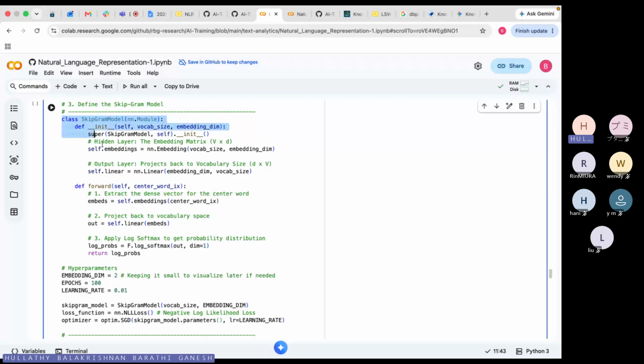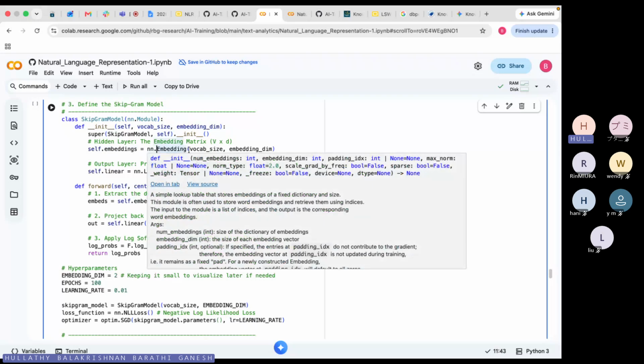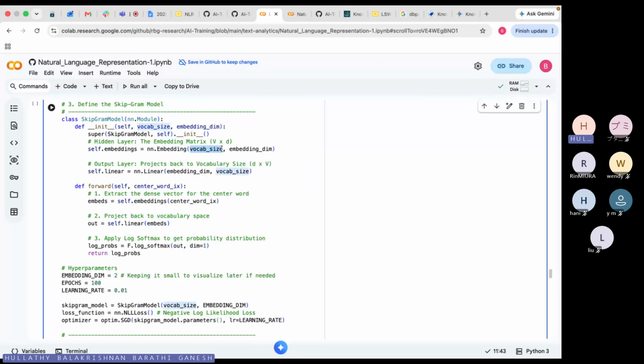Here I'm defining the skipgram model. It's simple. First we fix one matrix, which is our vocabulary size, the unique words, in our case 5, by the embedding dimension, which is 2. So we initialize a matrix that is 5 cross 2. Then the output matrix is the opposite: the embedding dimension versus the vocabulary size, that is 2 cross 5.